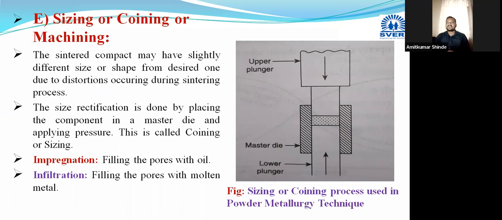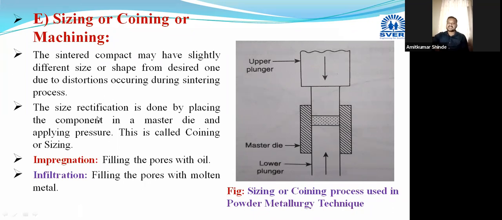Due to diffusion of one metal powder's particles into the other metal powder's particles, densification or some changes in the size of that component take place. Now the sintered component may have a different shape and size from our need or requirement for the final product. There may be some distortions or some size changes due to the sintering process.